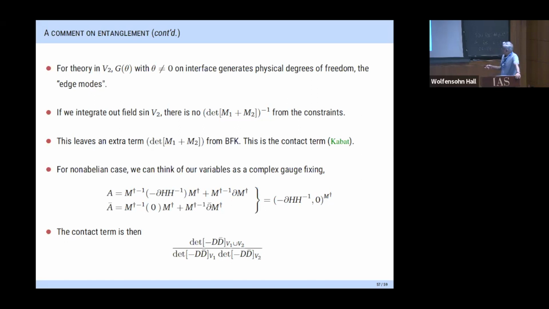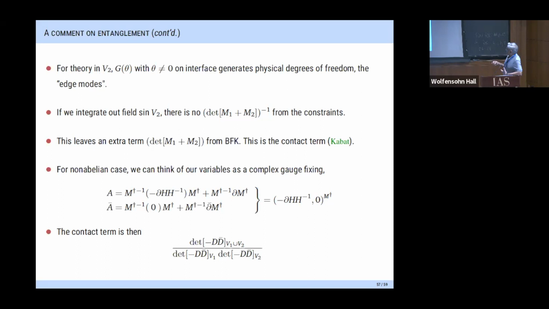Now, let's think about this in the non-abelian case. And you can say, well, I phrased this in terms of gauge fixing and so on, didn't I? But all of yesterday, I was telling you that we don't need gauge fixing. You can factor out gauge transformations and so on. So how do I square it with what I said yesterday? Well, there is a simple way to think about it.